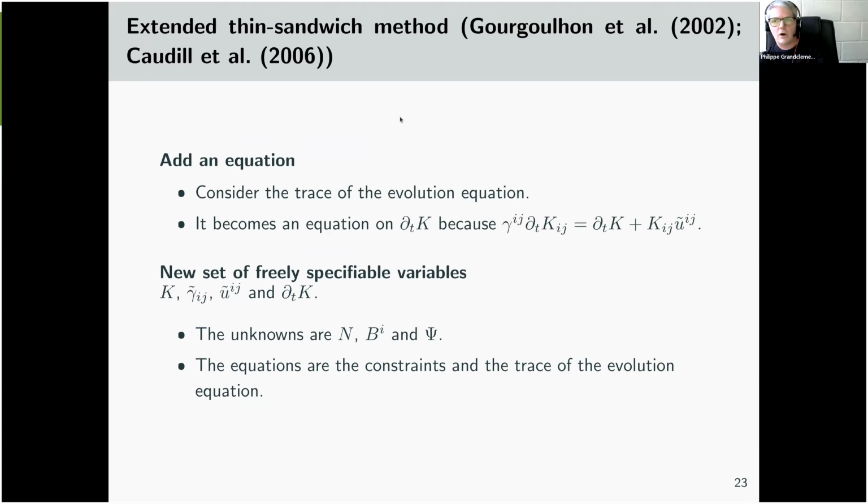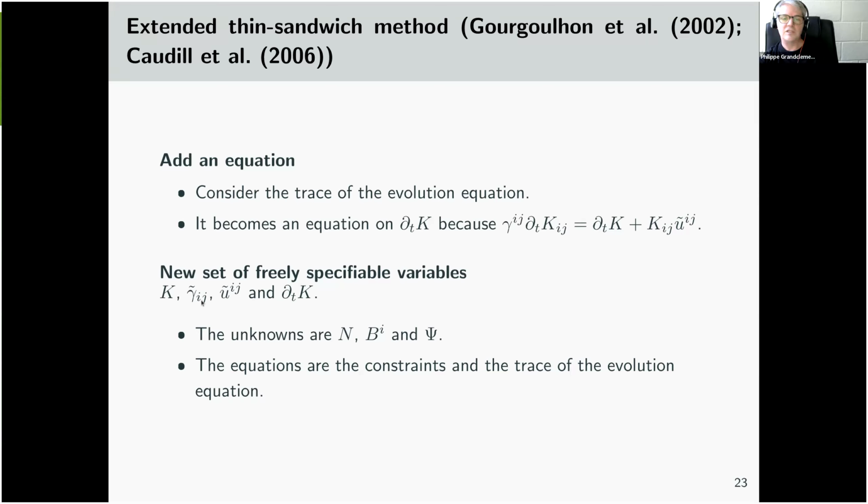You are not considering only the momentum constraint equations, you're also considering a part of the evolution equation. And the part of the evolution equation you're considering is its trace. So you're considering the trace of the evolution of the extrinsic curvature tensor, and you're adding that to your system. It turns out that this is an equation on the time derivative of K, using just this here.